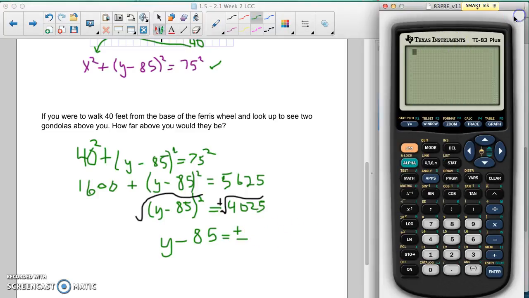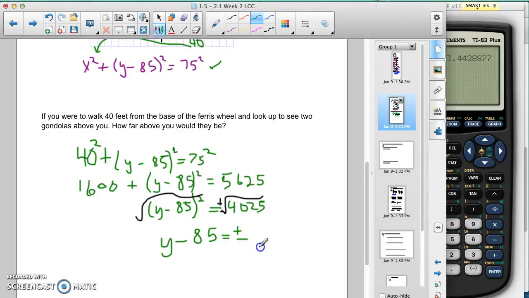Let's just double check that. Square root of 4025. Calculator seems to be frozen for a minute. Okay, so yes, 63.44.